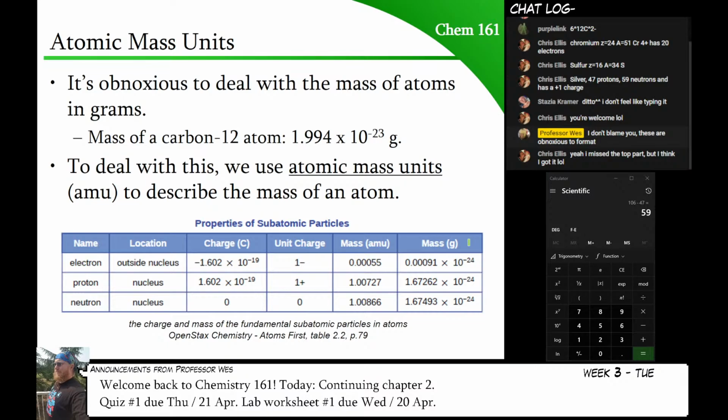The atomic mass unit is useful because we don't really want to deal with masses of atoms in grams. It's too obnoxious of a number. Instead, we use atomic mass units. And specifically in 140, we use just the ones digit. So we said an electron weighs 0, a proton weighs 1, and a neutron weighs 1 in AMU.